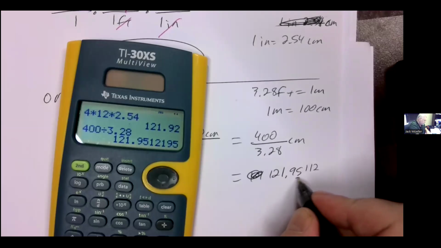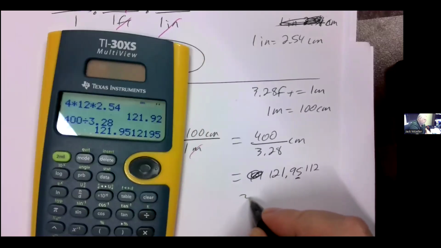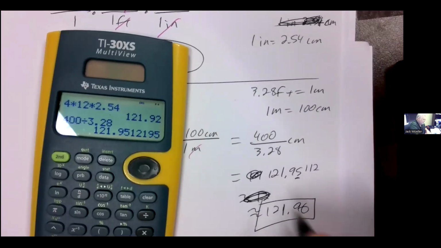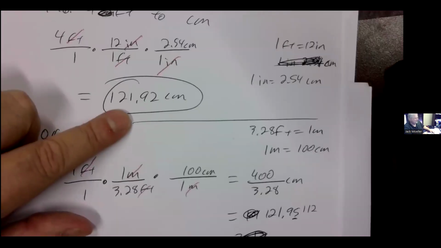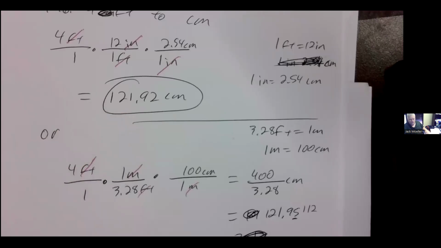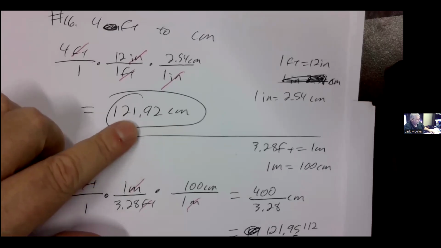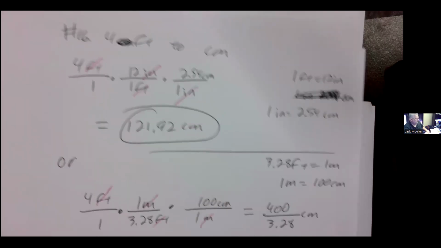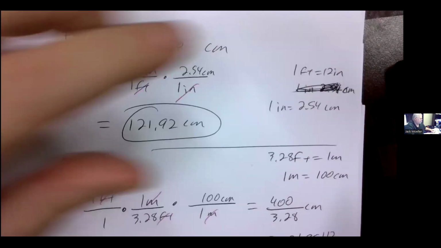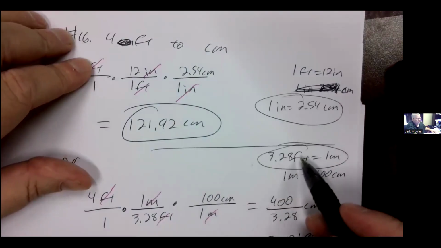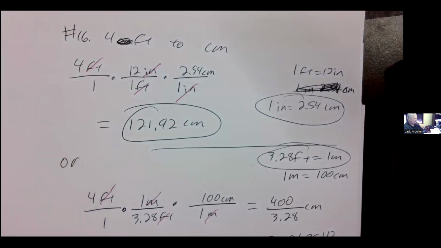We normally round to the hundredths, so that would be 121.96. Notice that is not quite the same answer we got before. It's close, but it's different. So MyMathLab may or may not accept that. If this problem was in MyMathLab, I would expect that they would give you either this or this, but not both. That avoids some of the confusion.